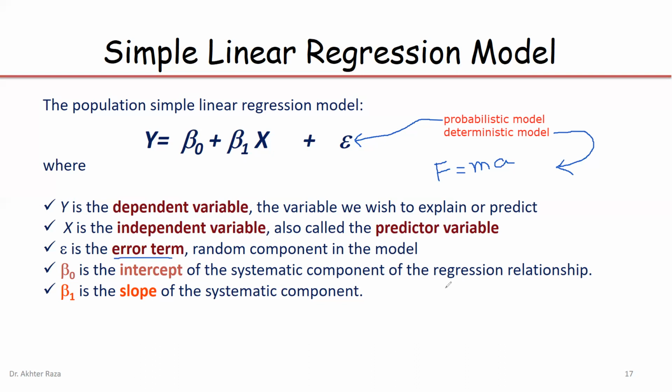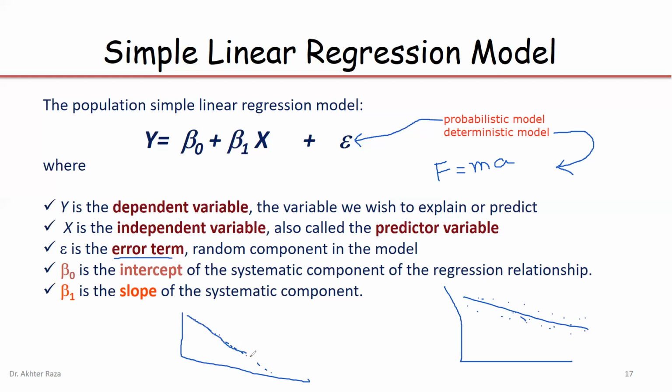The scatter in the graph, the spread or the randomness in the graph, is due to this error term. If we have a deterministic model, all the points will be on the linear line. So this is a deterministic form of the model.